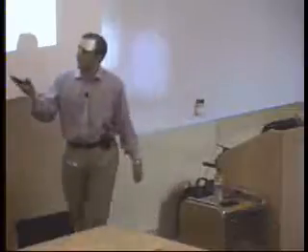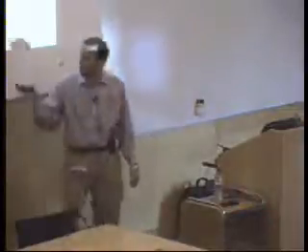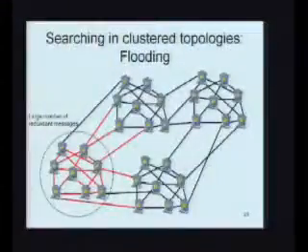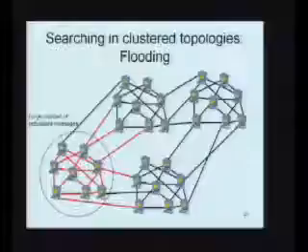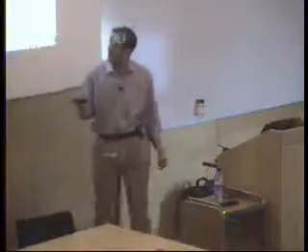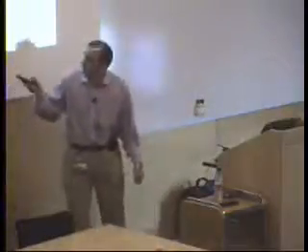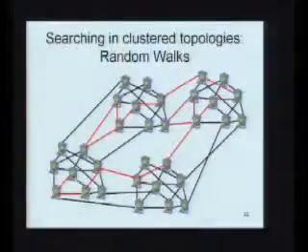If we were to perform flooding, starting from that node, then a large number of messages would be generated inside the cluster. And these are redundant messages, because this node has either sent or received the message 3 times. However, if we were to use a random walk, then the random walk has better chances of hopping from cluster to cluster and visiting more nodes.